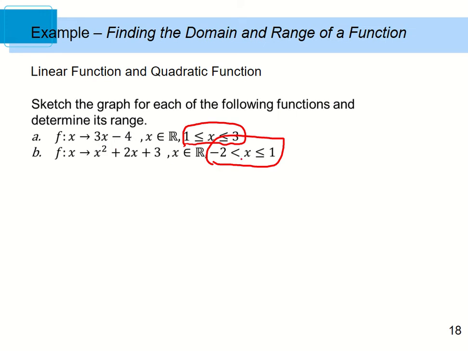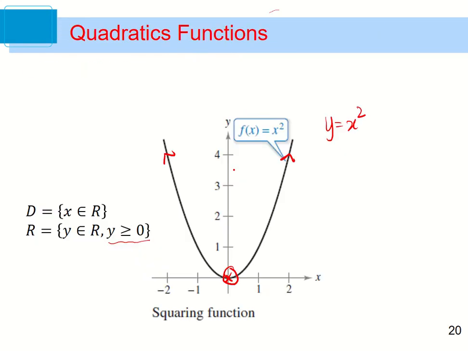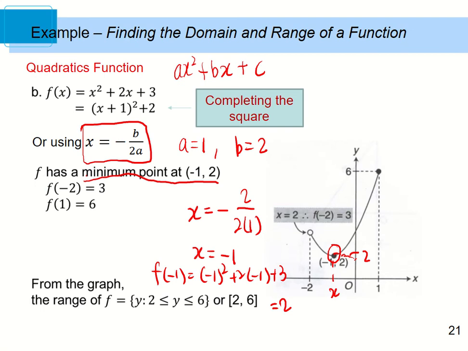So we are using this domain to find the 2 points here. When the x is negative 2, we substitute into the function: negative 2 squared plus 2 times negative 2 plus 3, and we get y is 3.